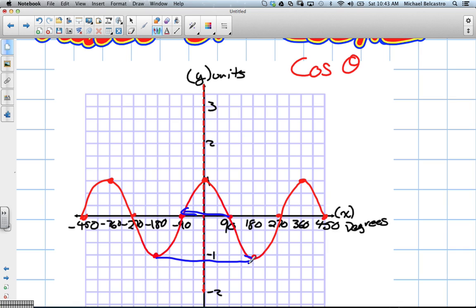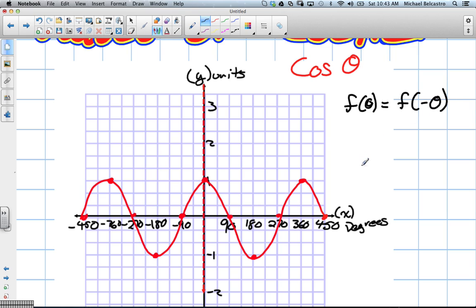Negative 180 and 180 are on exact same points. So if I were to cut this in the middle and fold it over, it would perfectly overlap what we have already, right? Saying that what we had in our question, that f of theta is equal to f of negative theta, right? That was our question.